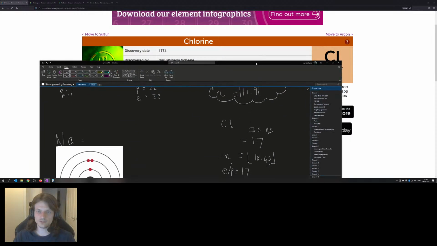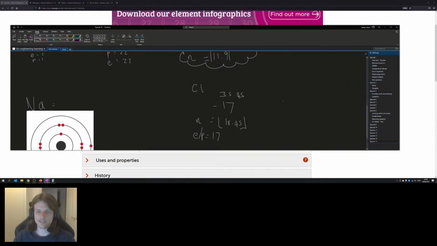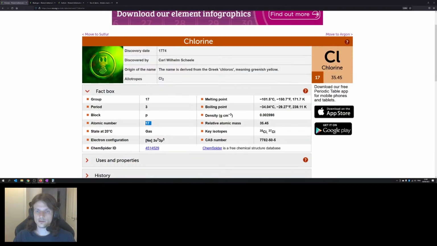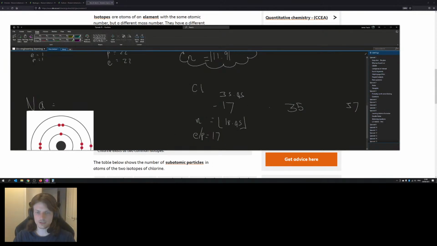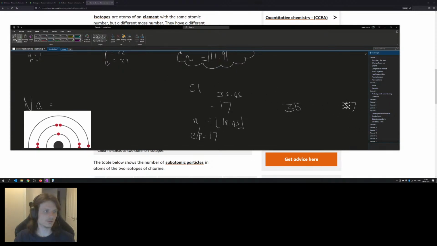So if they're a different atomic number, let's see. No, okay, I see. It's just a different mass. So these are atomic masses.